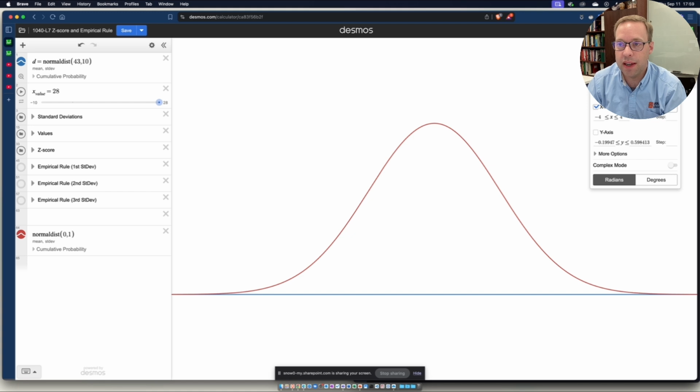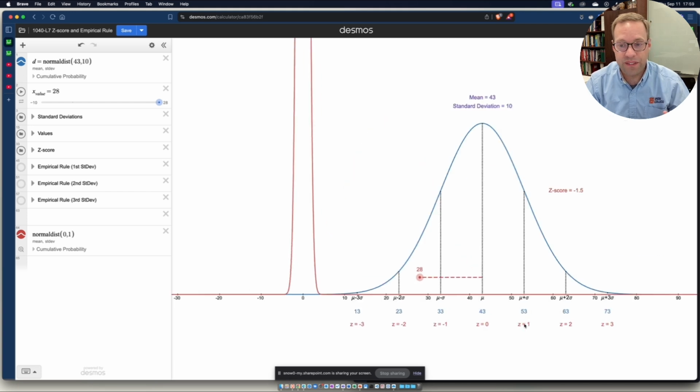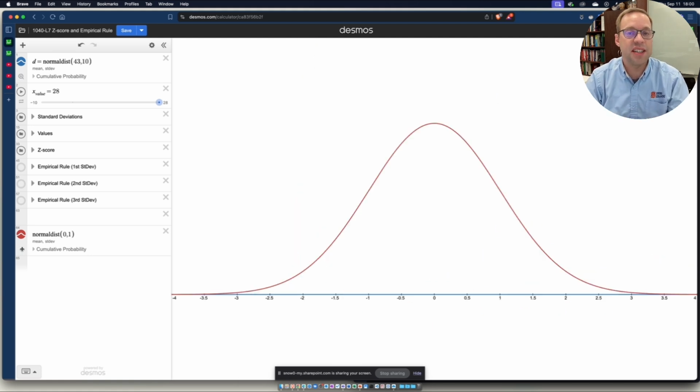Let me throw in axis numbers there. Mean of 0, standard deviation of 1. It gets us to the same scale as our z-scores were over here. Okay? If that last little bit threw you off, don't panic. We'll come back to it later. I'm just showing you that the z-scores shift data from its own individual scale to a standardized scale that everything can use. That's the idea of the z-score.